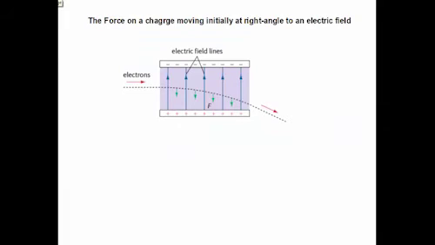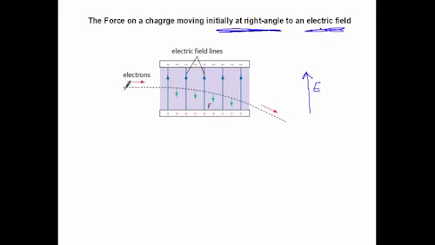Here, the force on a charge moving initially at a right angle to an electric field. Now we have two parallel plates, a negative and positive, and as we know, E is from positive to negative, towards up. This is the direction of our electric field.